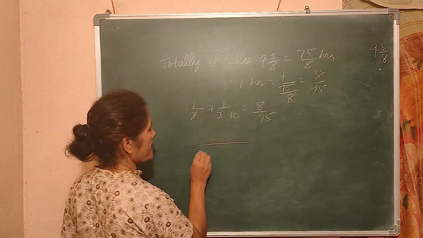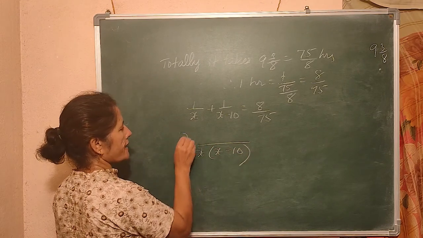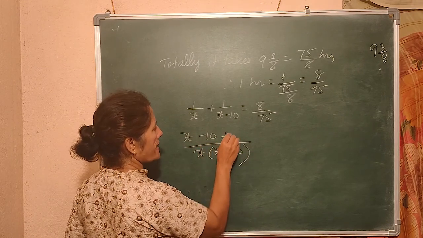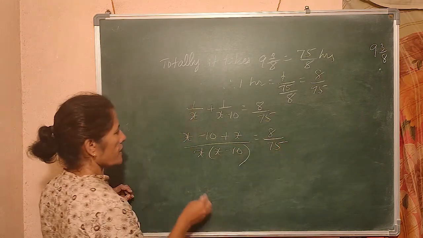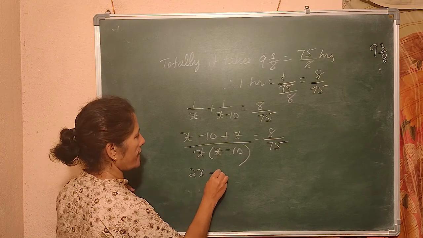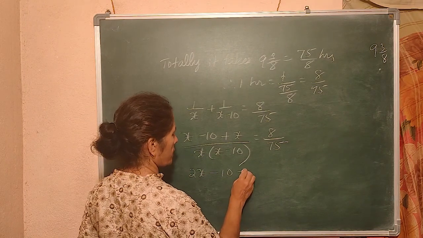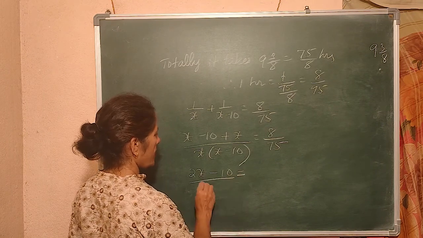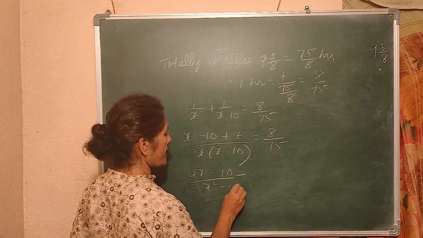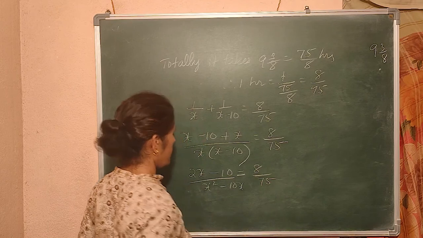So let me simplify this. The common denominator is x into x minus 10. So x minus 10 plus x over x squared minus 10x is equal to 8 by 75. So 2x minus 10 divided by x squared minus 10x is equal to 8 by 75.